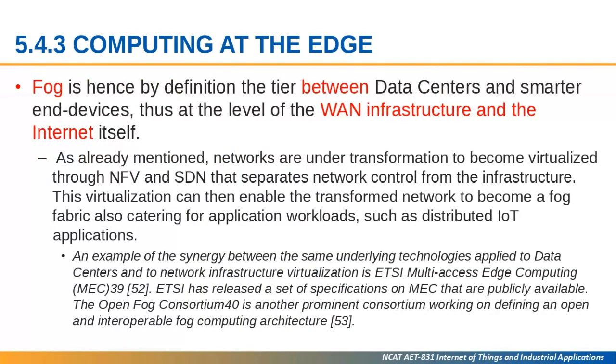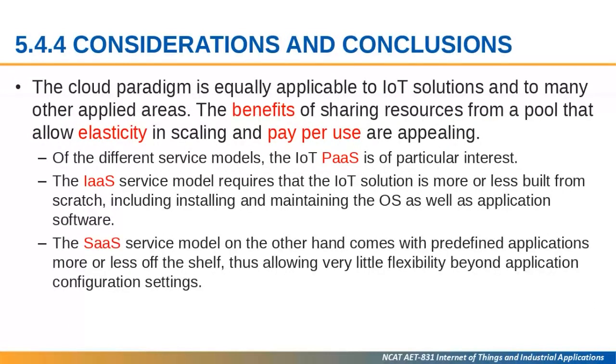After talking about the cloud and the edge, fog is by definition between the data centers and smart end devices, at the level of wide area network infrastructure and the internet itself. After learning about cloud, fog, and edge computing, let's have some conclusions and considerations. The cloud paradigm is equally applicable to IoT solutions and also in many other areas.